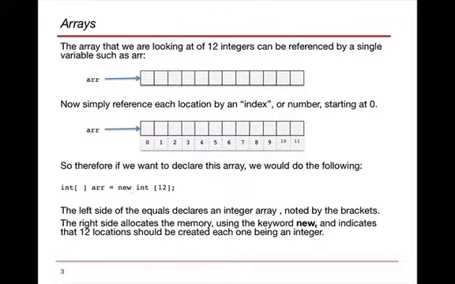So we say int ARR is an integer array, and we're going to assign it the memory location new, where we create a new set of memory of 12 locations, each of type integer, and that will tell Java to create 12 32-bit allocated sequential spaces of memory and point ARR to that so that we know where we will find each corresponding index.